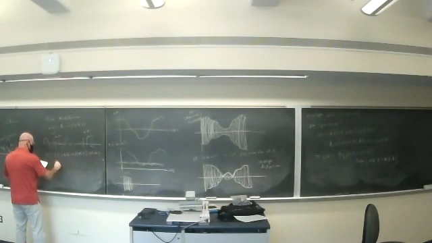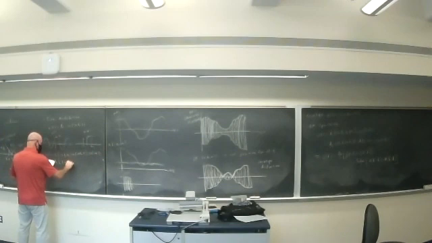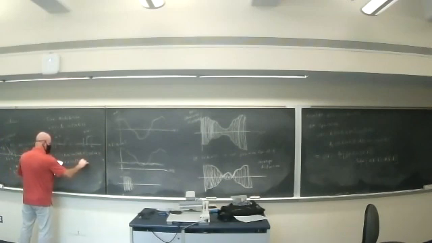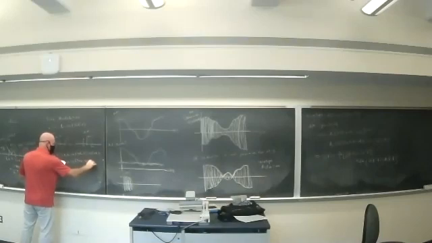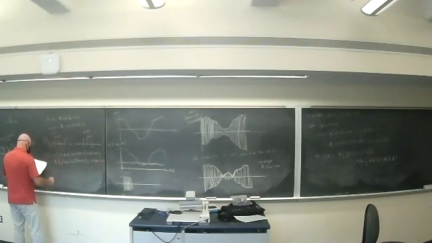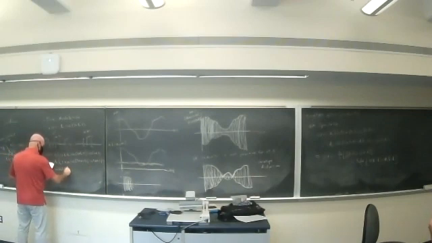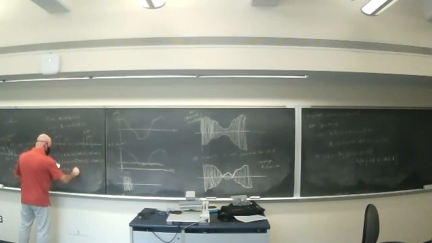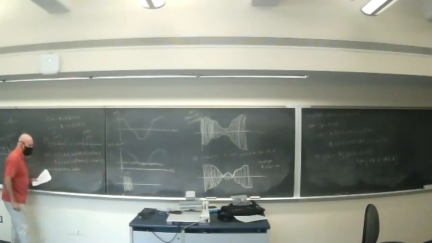Or I can write that as 1 plus mu cosine of 2 pi fm t, times cosine of 2 pi fc t, where mu is defined as the modulation index, or some books call it the modulation factor. Okay.